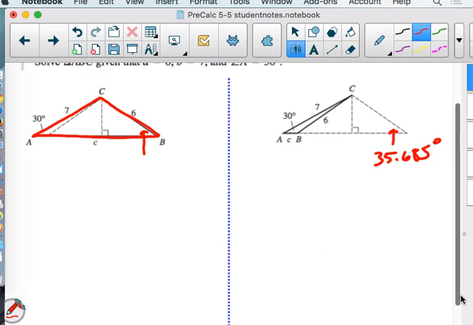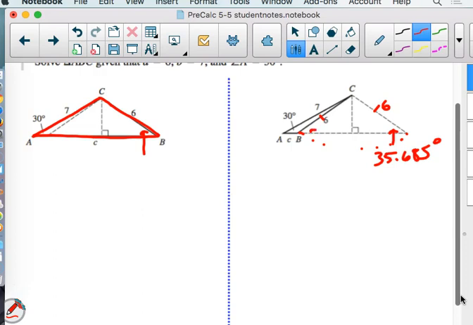So what I have to realize is this was 6 originally. So when it swung over to form this other triangle, it's still 6, which makes this an isosceles triangle. And if it's isosceles, the isosceles triangle theorem tells us that when two sides of a triangle are the same, then the angles opposite them will also be the same.